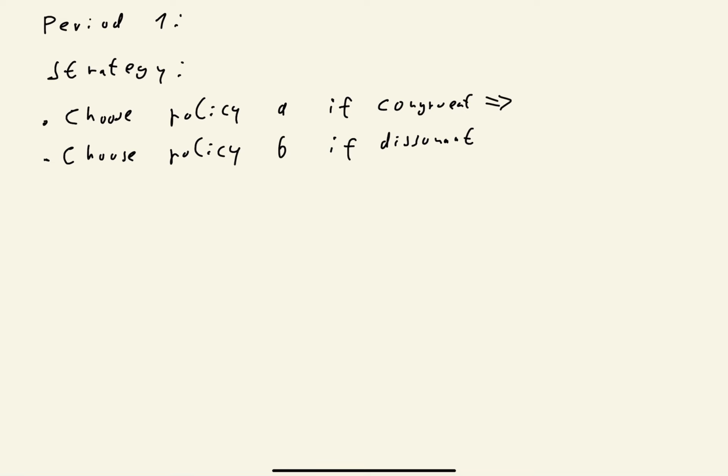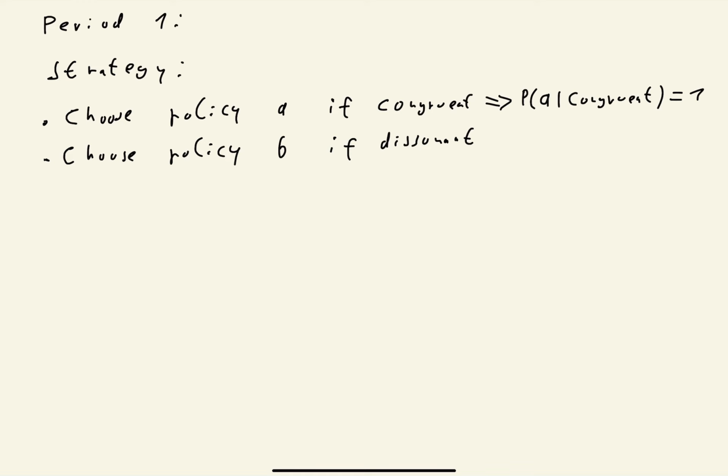So if he chooses policy A if he's congruent, it means that the probability of him choosing A, given that he's congruent, from the perspective of the voter, is equal to 1.